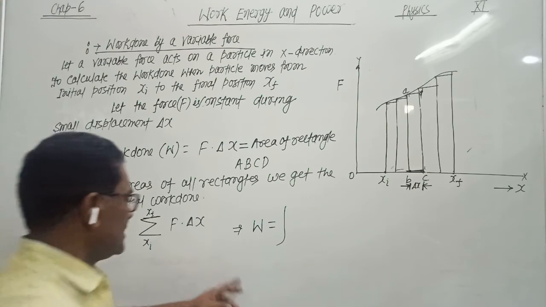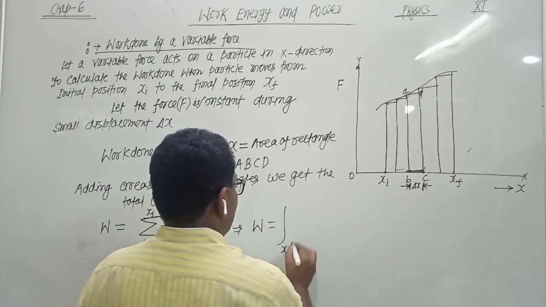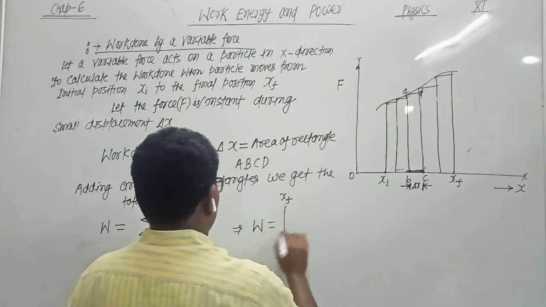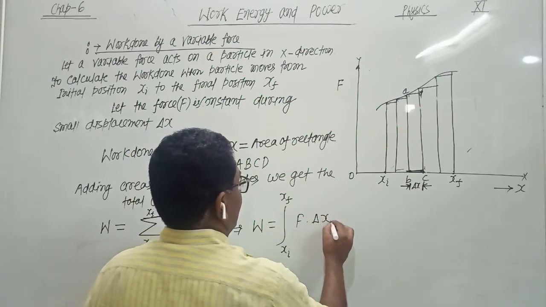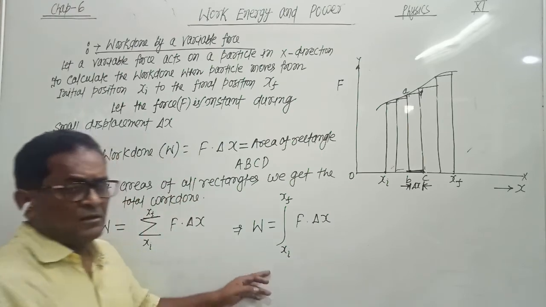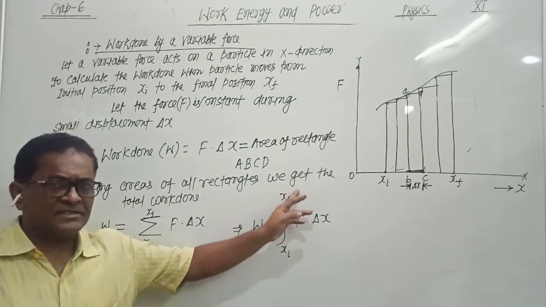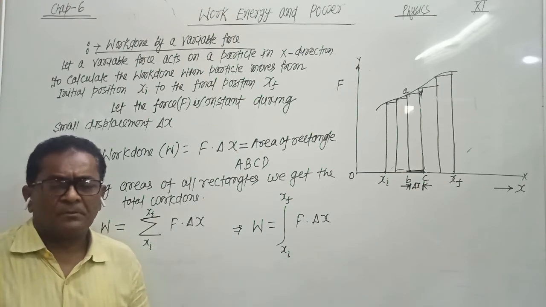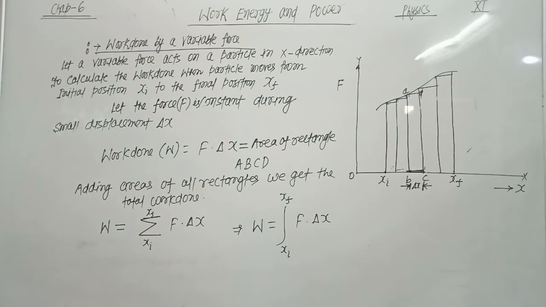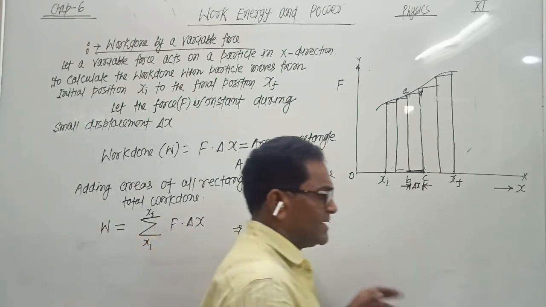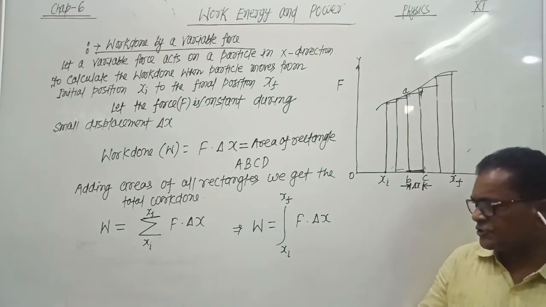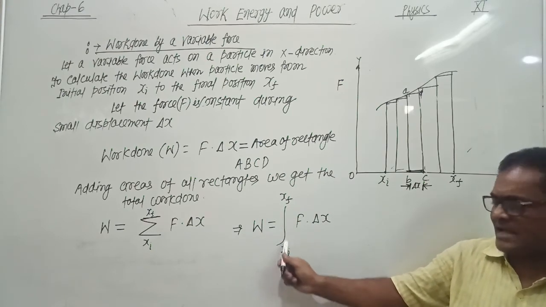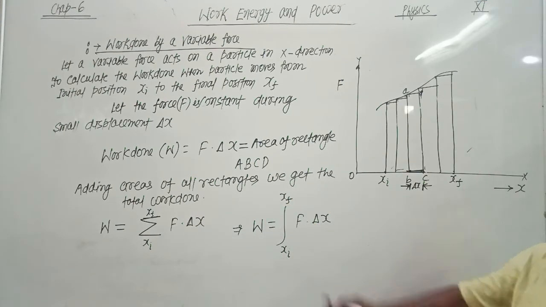So W equals the integral from lower limit xi to upper limit xf of F dx. We use definite integration for finding the work done by a variable force: W equals the integral from xi to xf of force into displacement, F ds.